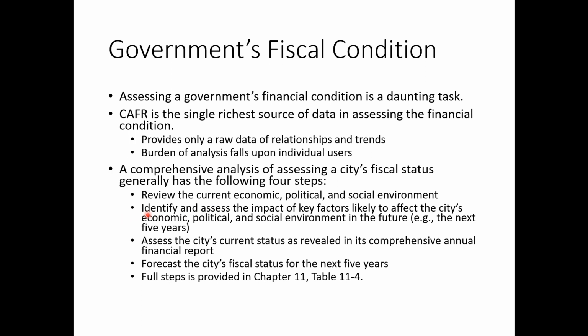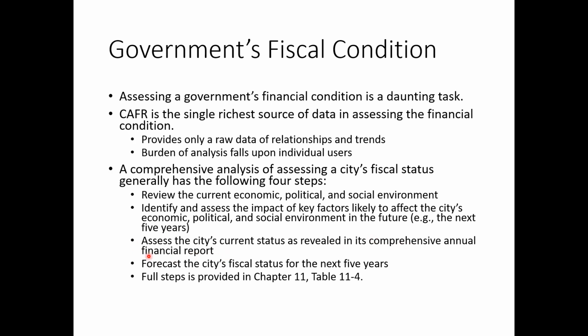So step 2, identify and assess the impact of key factors likely to affect the city's economic, political, and social environment in the future. And this is going to help us better predict the trend of the fiscal conditions for the city. Next is to assess the city's current status as reviewed in its comprehensive annual financial report.